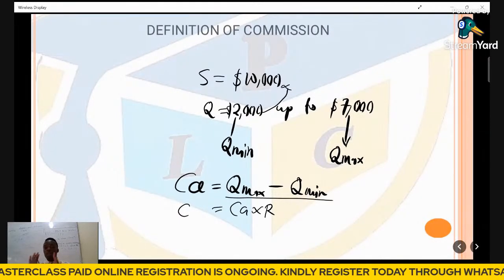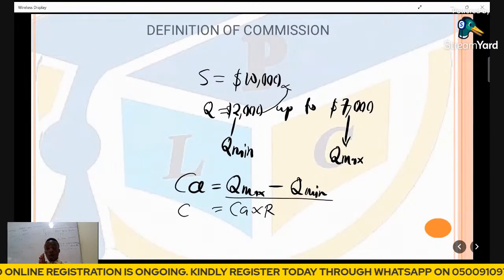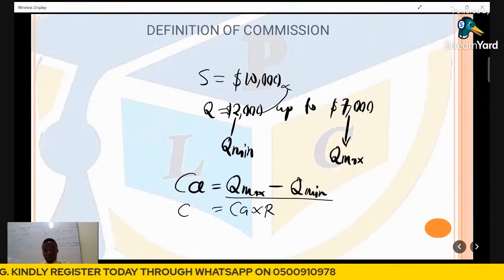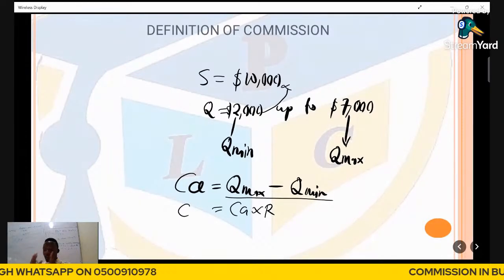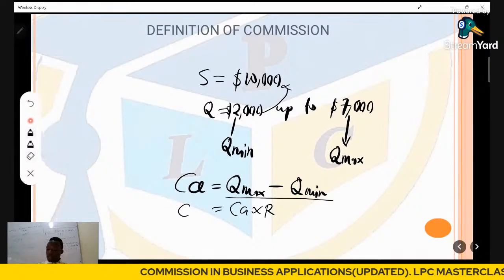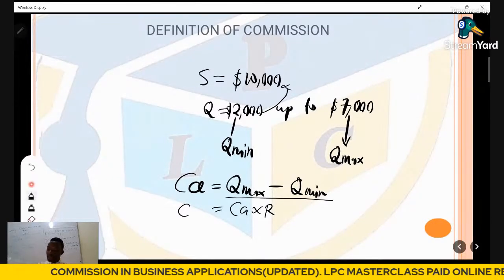But where two quotas are given, we subtract the minimum quota from the maximum quota to determine the commission amount, after which we apply the rate of commission on it. Here, I can also write this as this. Let's see.